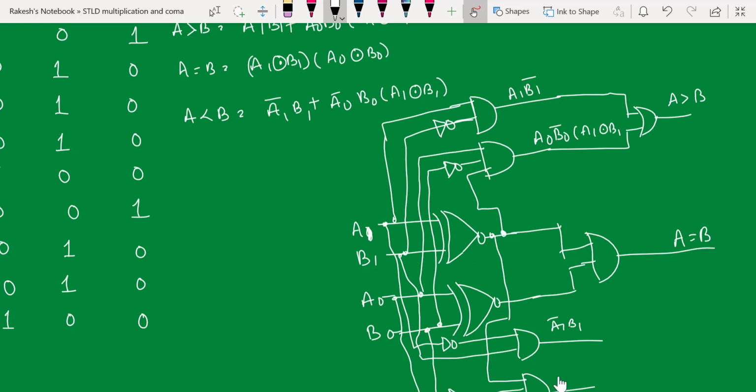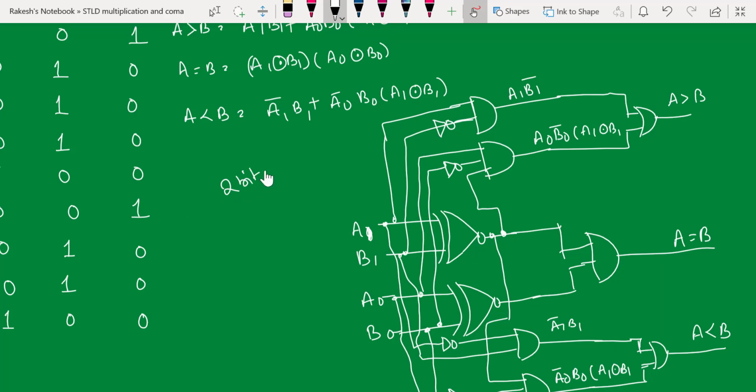So this is nothing but A0 bar times B0 into A1 XNOR B1. I'm going to use one more OR gate to add those things. You're going to get the A less than B output. So this is how you're going to construct your circuit for the 2-bit comparator.